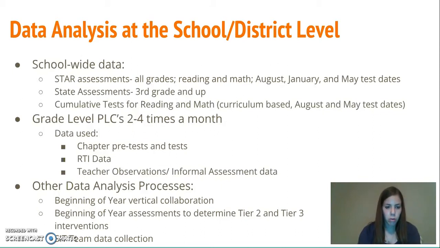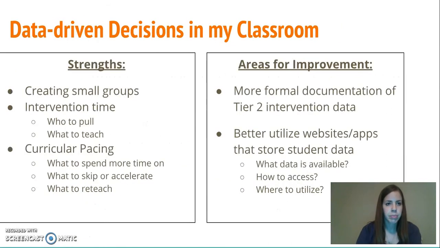We also will always look at the beginning of the year assessments at the end of August once the kids have taken all of them to then start determining which kids need Tier 2 and Tier 3 interventions for the year to start out. And then throughout the year, if we have kids that are not responding to our interventions, we will take them to the SIT team, the student intervention team, and then we will collect even more data for that process.